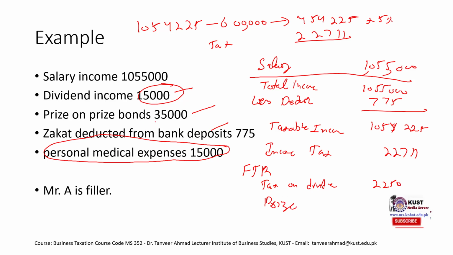Remember, it is 35,000 and we have to pay 15% of 35,000, which would be 5250. So that would be 7,500. If we add this up with the income tax, the total would become 30,211. This would be our tax for the year.